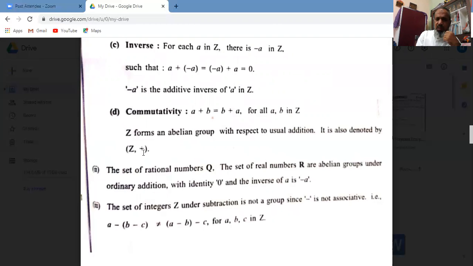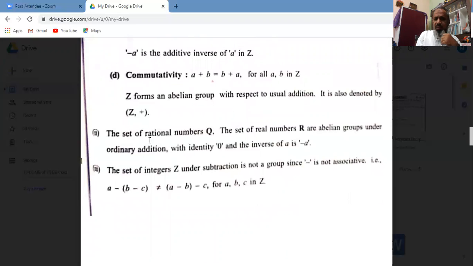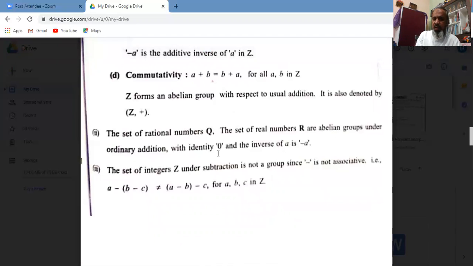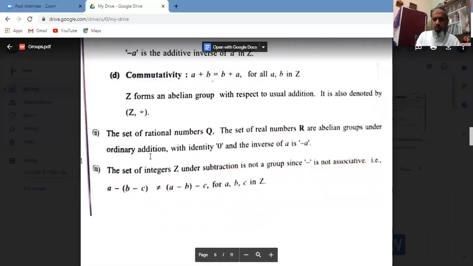So similarly, we can see that the set of rational numbers Q and the set of real numbers R are abelian groups under ordinary addition with identity 0 and inverse of A is minus A. So the set of rational numbers and the set of real numbers form an abelian group with respect to usual addition as a binary operation.